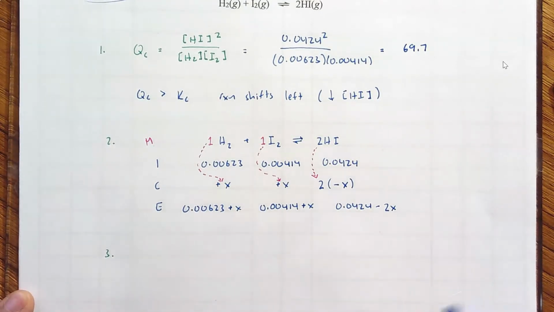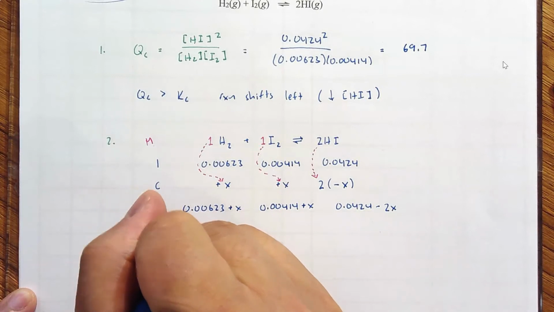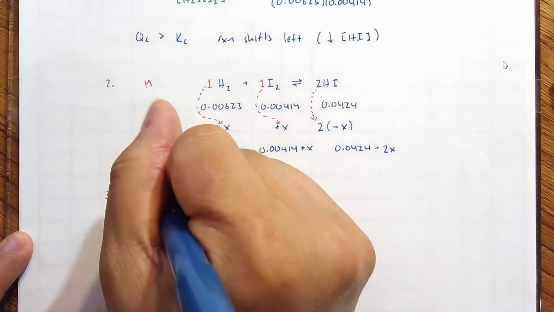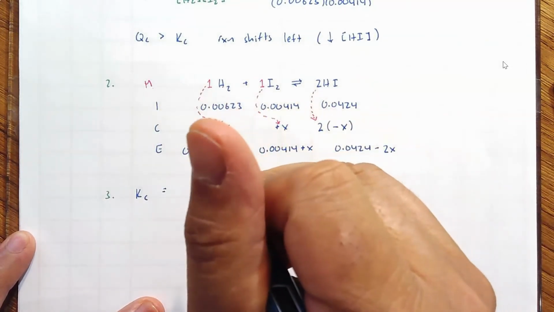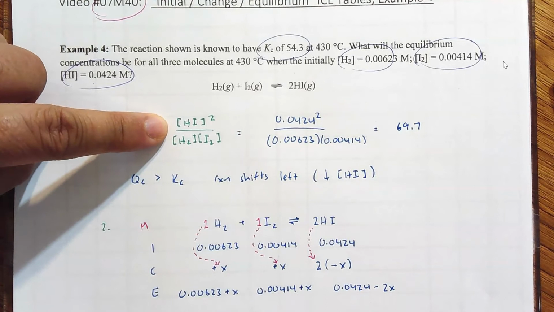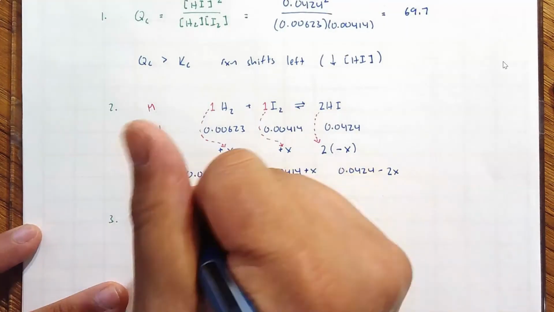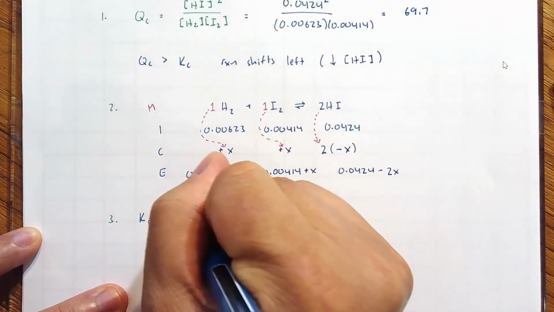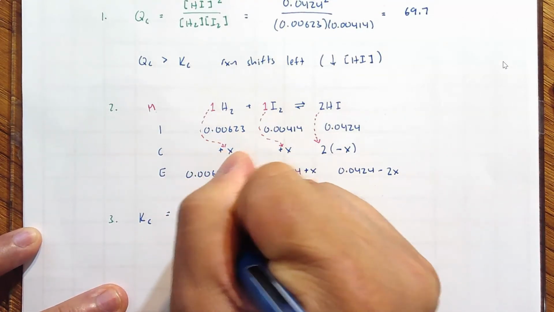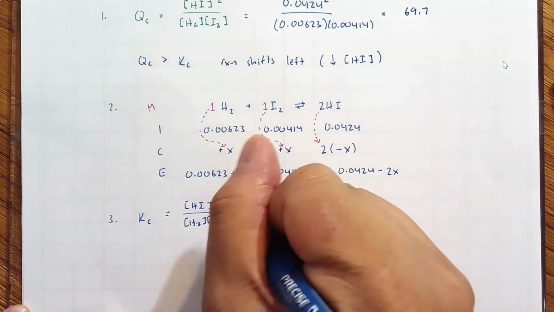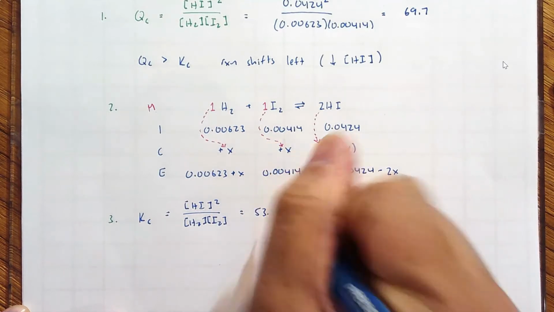But anyway, let's give the equilibrium expression. Kc equals, it's just this one up here, right? Qc meaning that it possibly is off equilibrium, but Kc is at equilibrium, the HI concentration squared divided by the H2 concentration divided by the I2 concentration will equal 54.3. That was given.